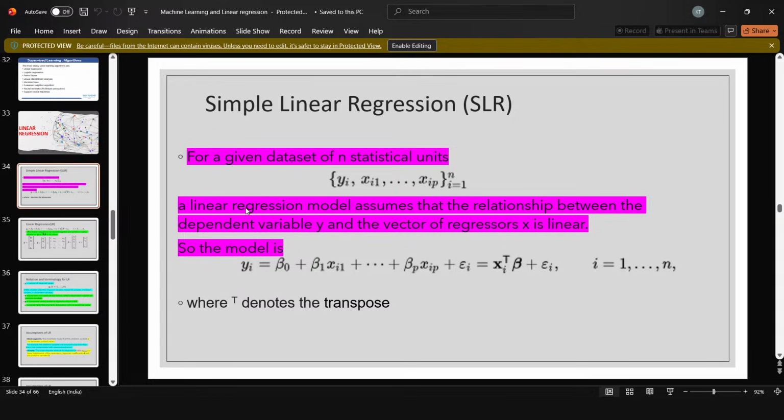A linear regression model assumes the relationship between the dependent variable y and the vector of the regressors x is linear. So a linear regression is always between the x-axis and y-axis. If you imagine it graphically, it is basically predicting the y for a given x.